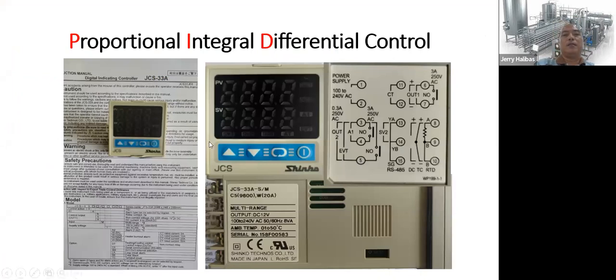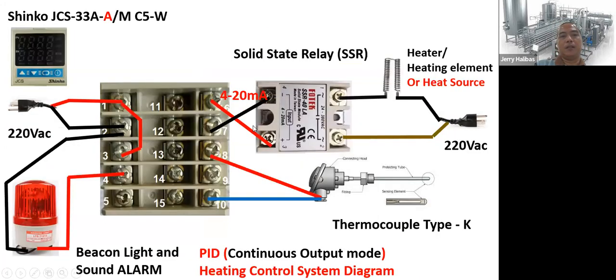So let's continue. We go back again to our temperature controller, the Panasonic controller, applying PID. PID can be implemented with either continuous output or discrete voltage output. It is better to choose continuous output, such as the 4 to 20 milliamps output, but a discrete voltage output is also possible. That means 0 volts, 12 volts, 0 volts, 12 volts, like a digital output, whereas the other is an analog output.